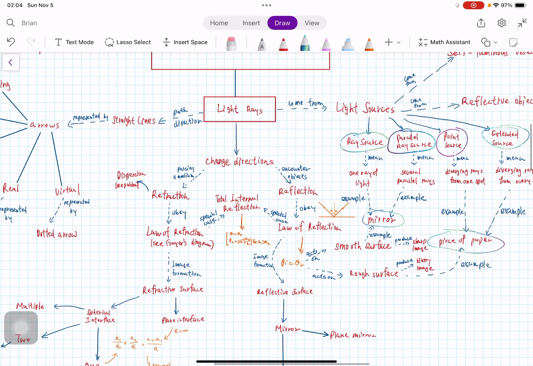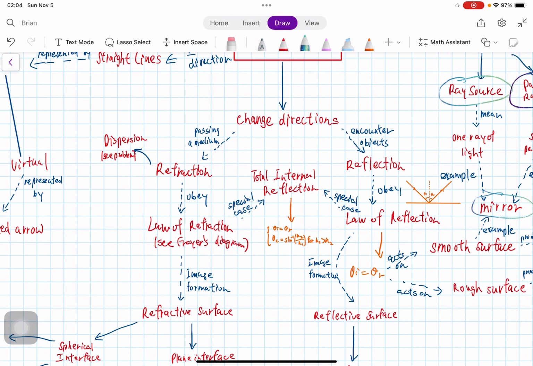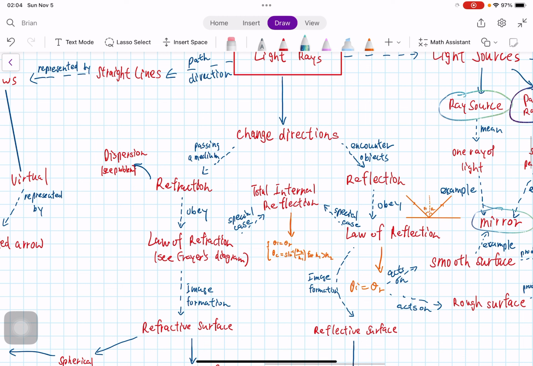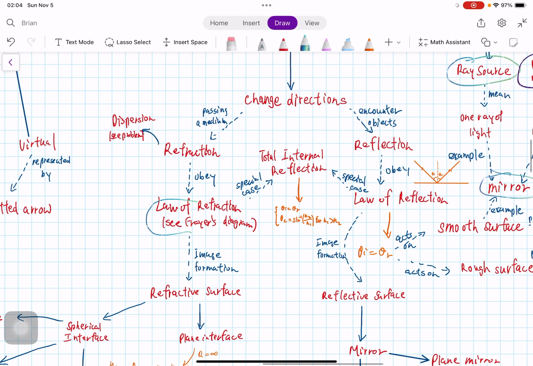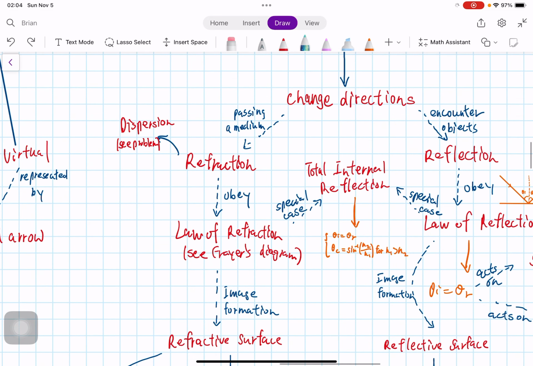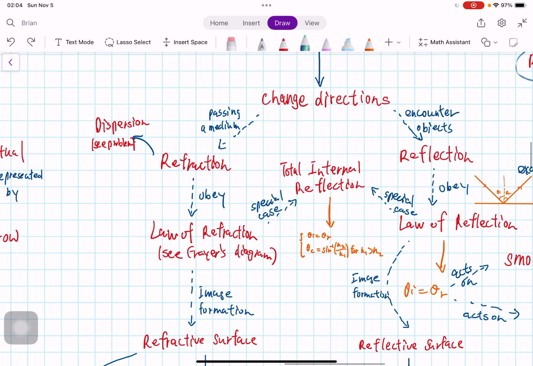So we could look back at the central part. When a light ray changes directions when it encounters objects, it undergoes reflection, but when it passes through a medium, it undergoes refraction. For refraction, it obeys the law of refraction, and I include a figure diagram for it. For refraction, there is dispersion, which is a phenomenon, and I include a problem for it.